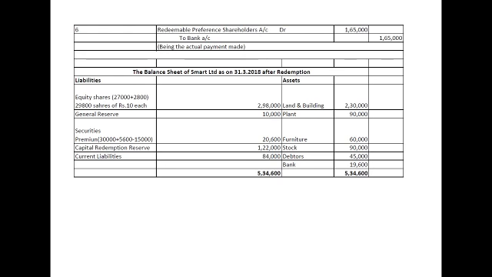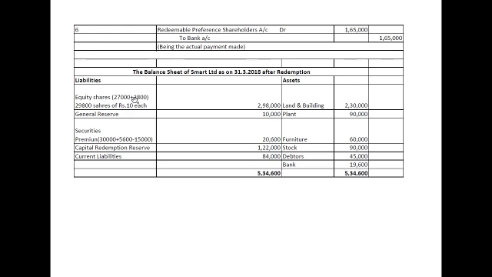Now last one, we have to prepare the balance sheet after the redemption. Here a few things will change with respect to the equity share position, reserve, profit and loss account balance, as well as the cash balance on the asset side. The first one is with respect to the equity share capital.